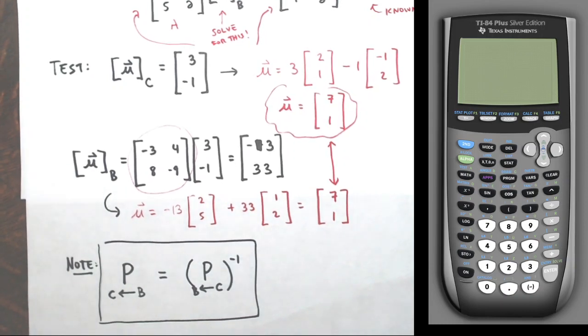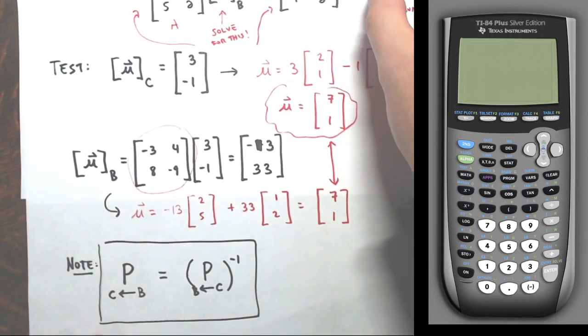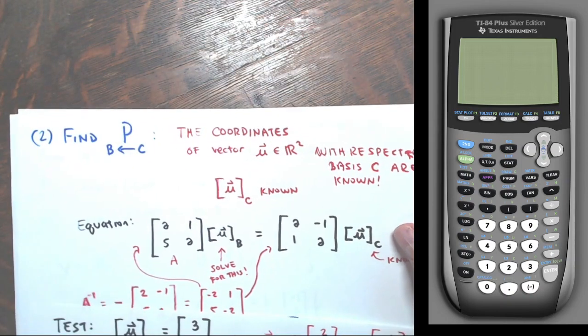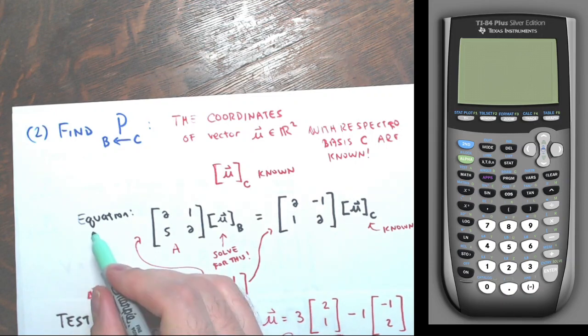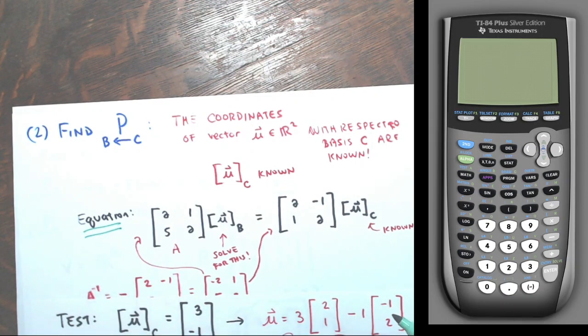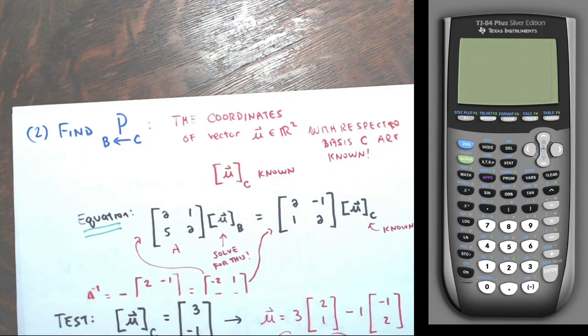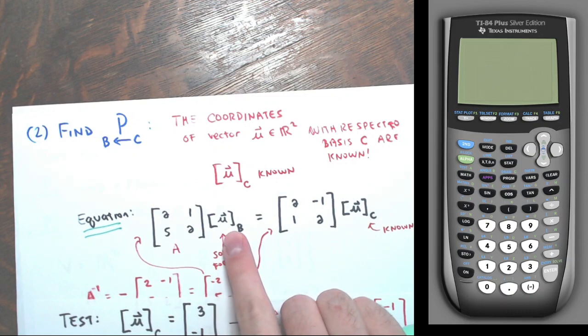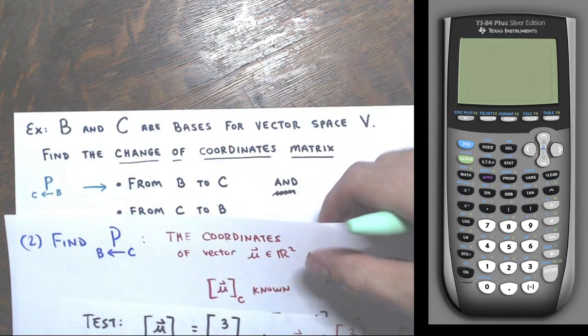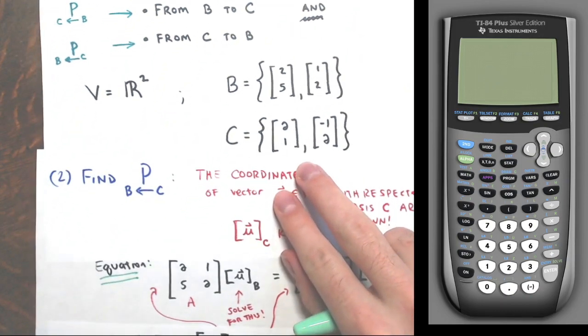One other thing to point out, something that's going to make the next examples a little shorter, a little shortcut. Notice the equation that I set up: the matrix multiplied by the coordinates with respect to B. Look at the columns.